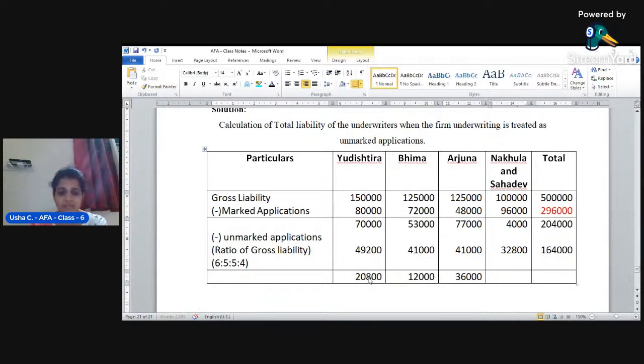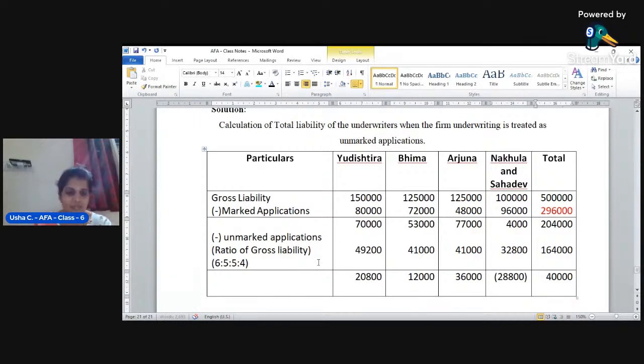Next is 4,000 minus 32,800, how much? Minus 28,800, right? It is minus 28,800. If you put it in bracket, it means that it is a minus value. Okay. Next is 2,04,000 minus 1,64,000 is 40,000, the total.